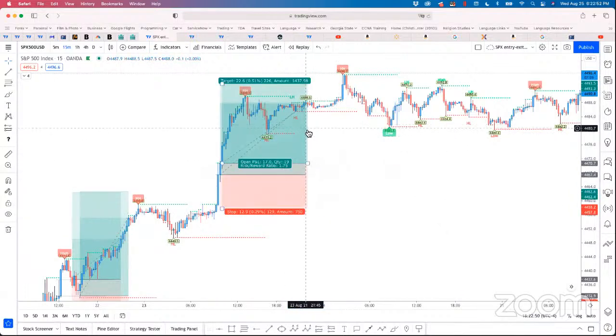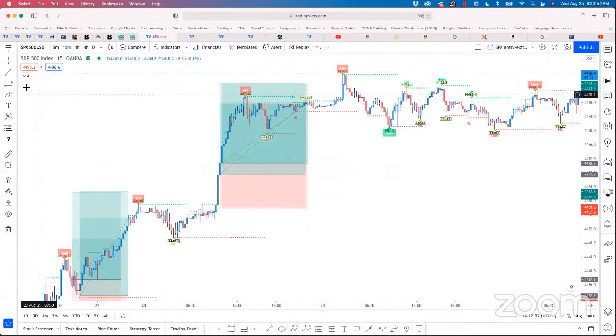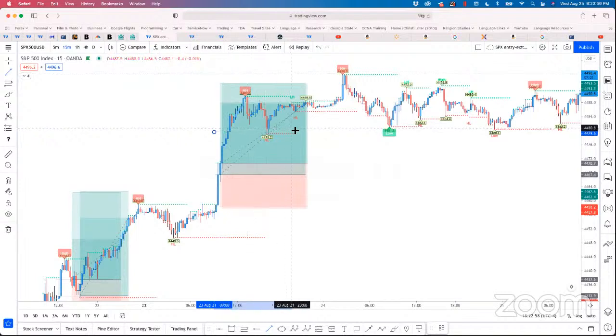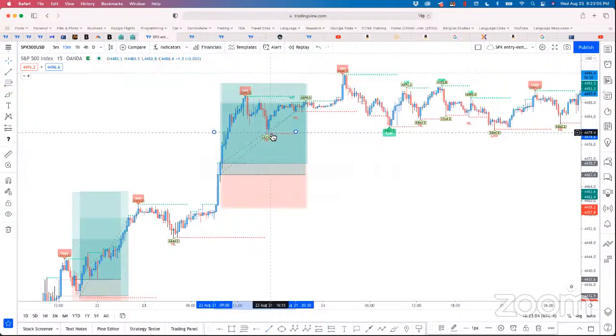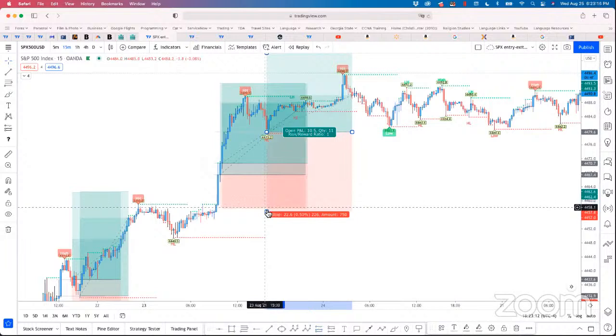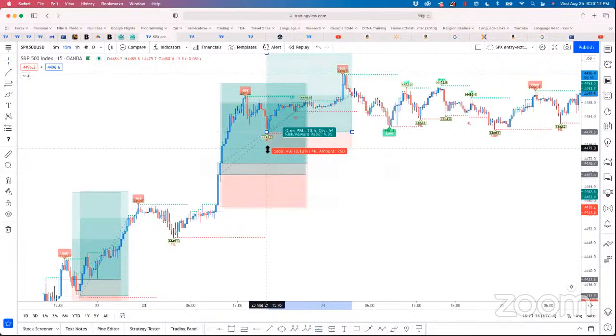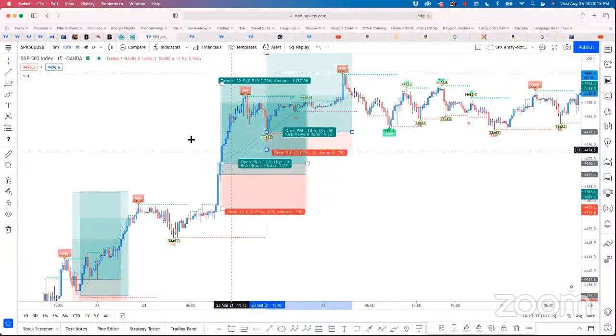So then the last spot I see is this to this right here. This one. Last spot. It's at the high. Stop loss, right? Have to be here.